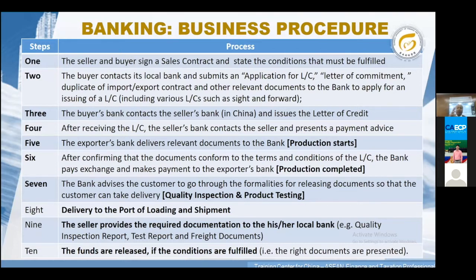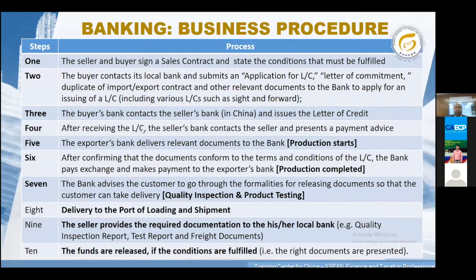Of course, they have the same contract when they are working on one thing at one time, and other relevant documents to the bank to apply for issuing this letter. So these are the second step before moving on to the third.